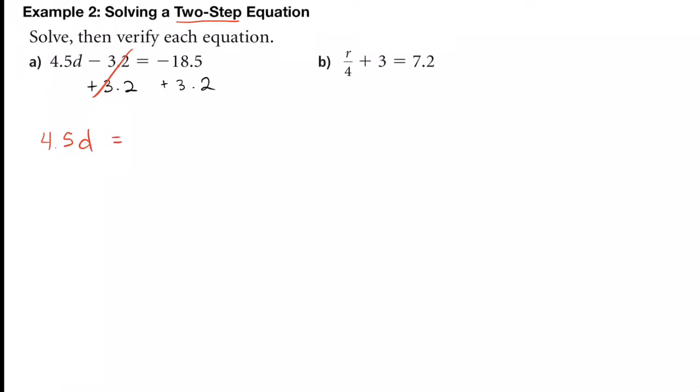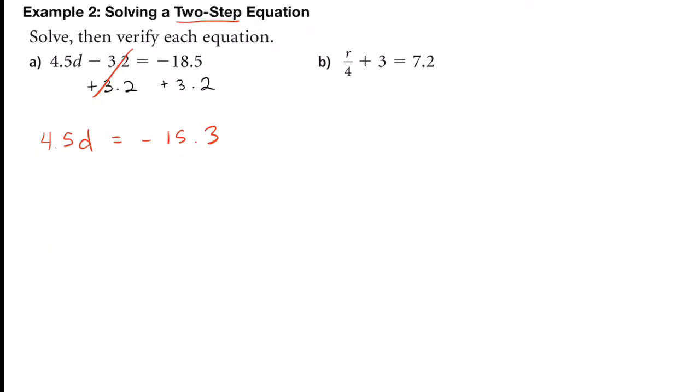And on this side, all you need to simply do is recalculate what this is. So you have negative 18.5 plus 3.2. And what that equals is negative 15.3.